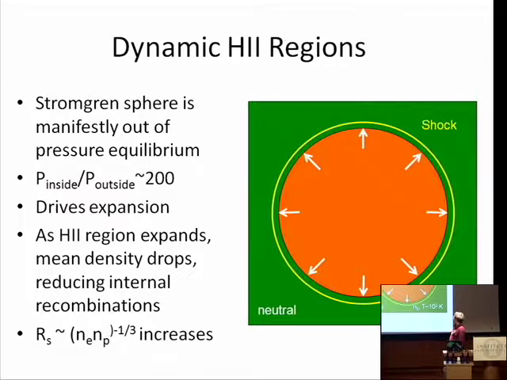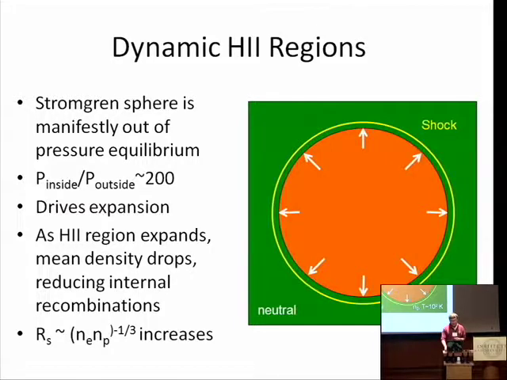As this expansion picks up speed, it drives a shock into the neutral medium. Now, suddenly, you've got a situation where an I front has, because of dynamics, split into an I front and a shock. You can think of that as some kind of critical transition in the nature of the front.